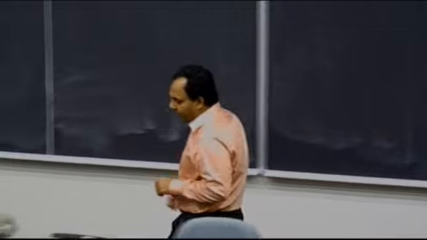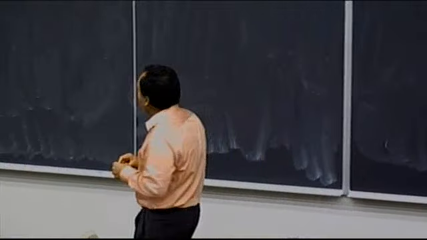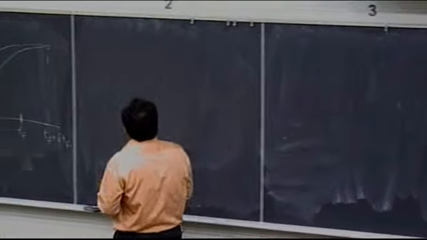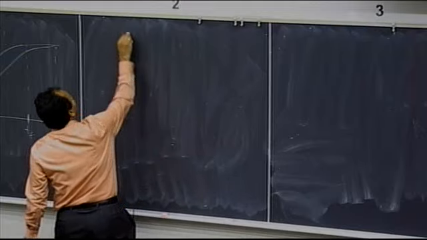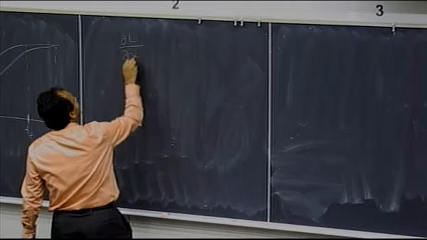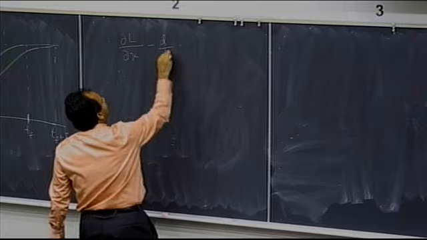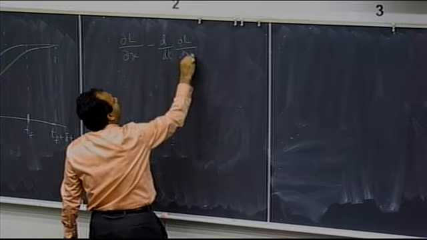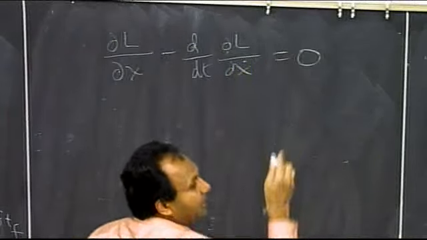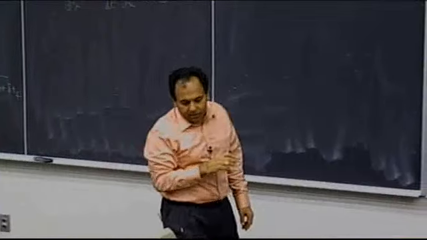And if you remember correctly, for that particular problem, we said that the condition was that you get partial of L with respect to x minus d dt of the partial of L with respect to x dot equals 0. That's the Lagrange equation, or the Euler-Lagrange equation.